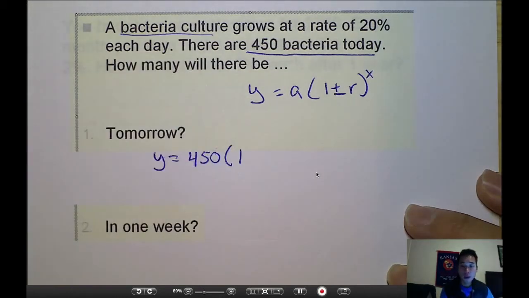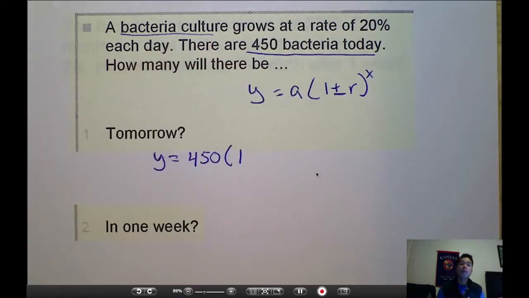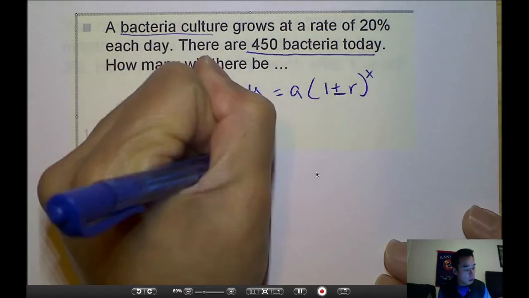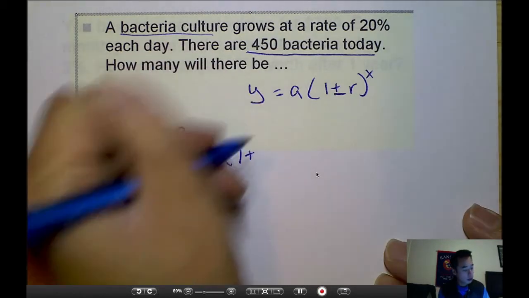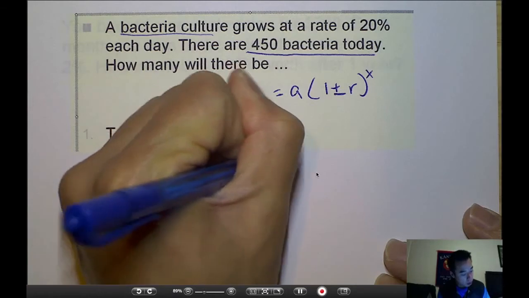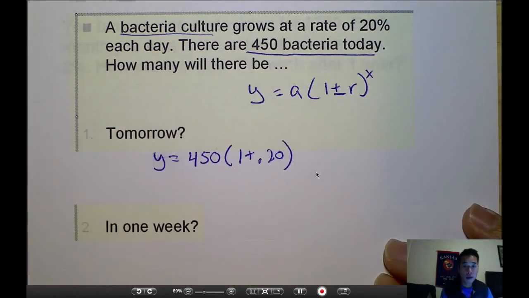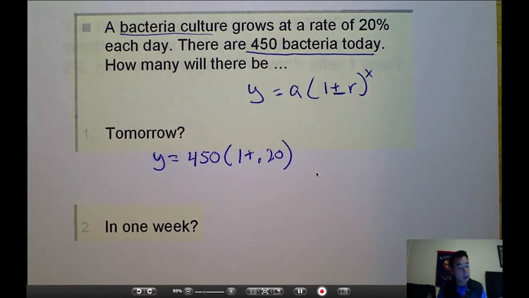There will always be that 1, because that is considering 100% of the original amount. Since we're growing, we're going to have plus 20%, which in decimal value is 2/10 or 0.20, and then to the power of x. I know that it's just 1 day, so I'm going to put 1 in right there.